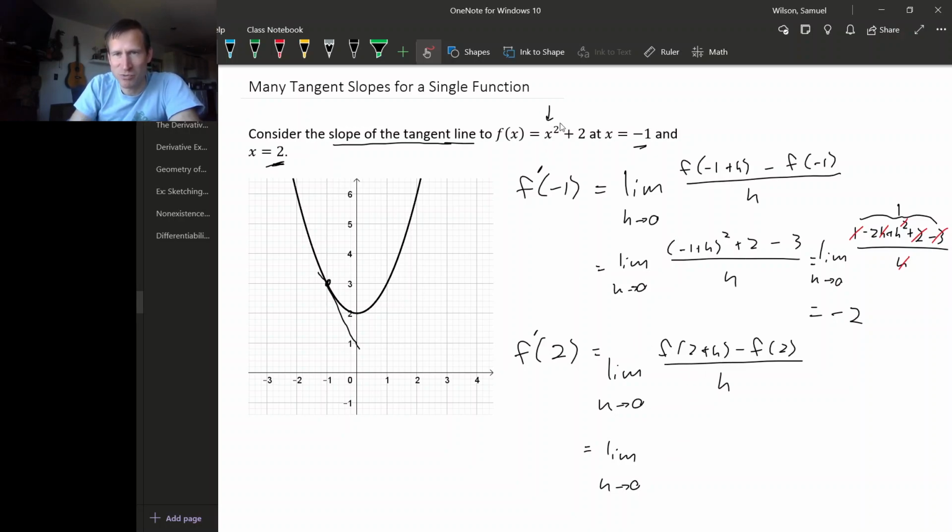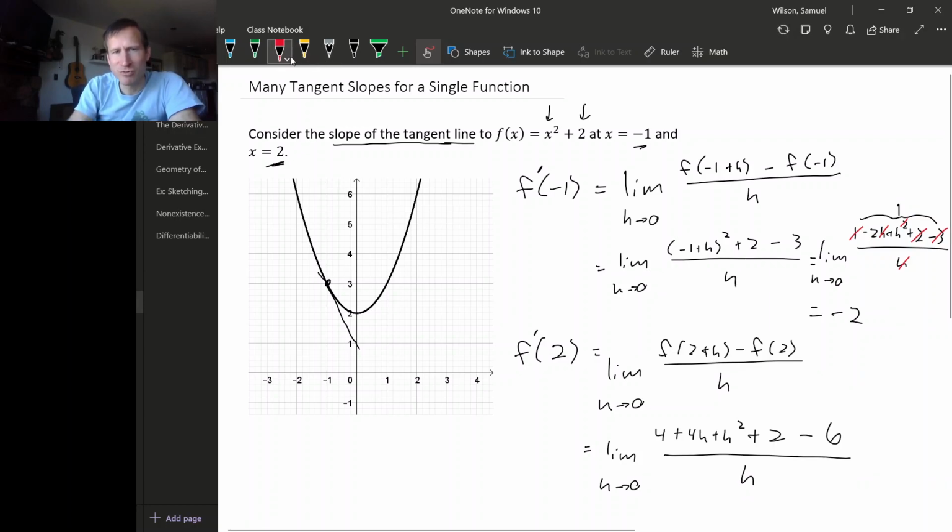So again, we need to square 2 plus h. So that's 4 plus 4h plus h squared, and then plus 2, this 2 here, minus f of 2, which looks like 2 squared is 4 plus 2 is 6, all over h.